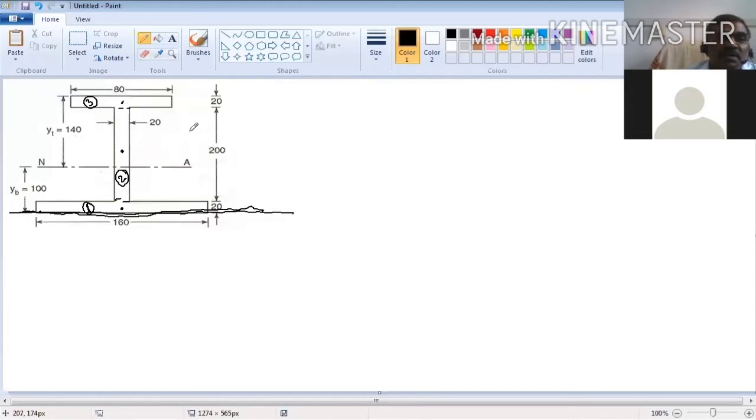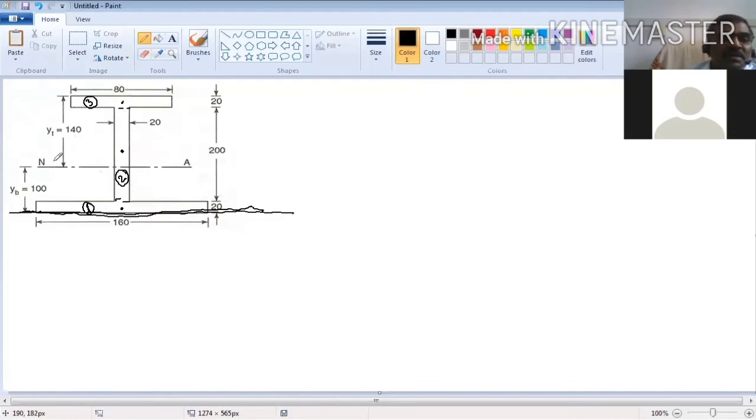So now let us discuss the combined center of gravity. How to find the combined center of gravity? That we are going to see. But this is not similar. About the y-axis, it is symmetrical, so the combined center of gravity will be on the y-axis.